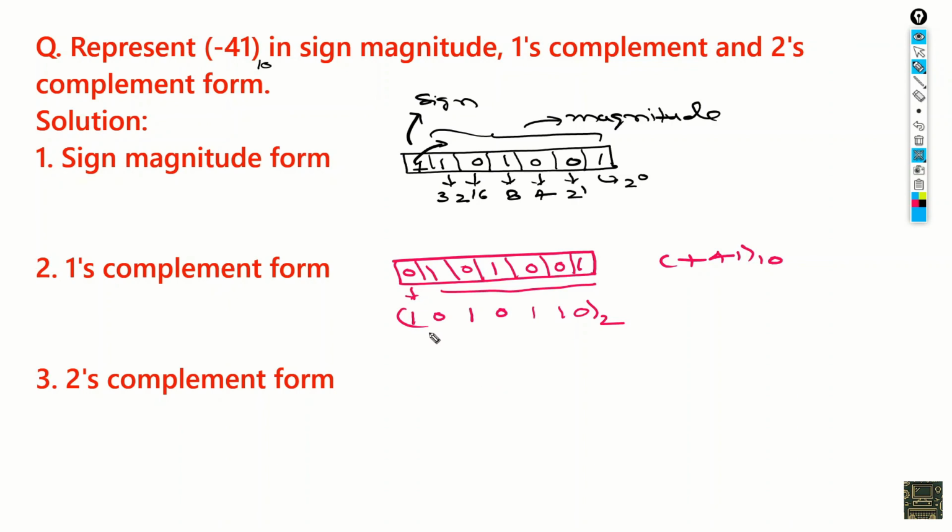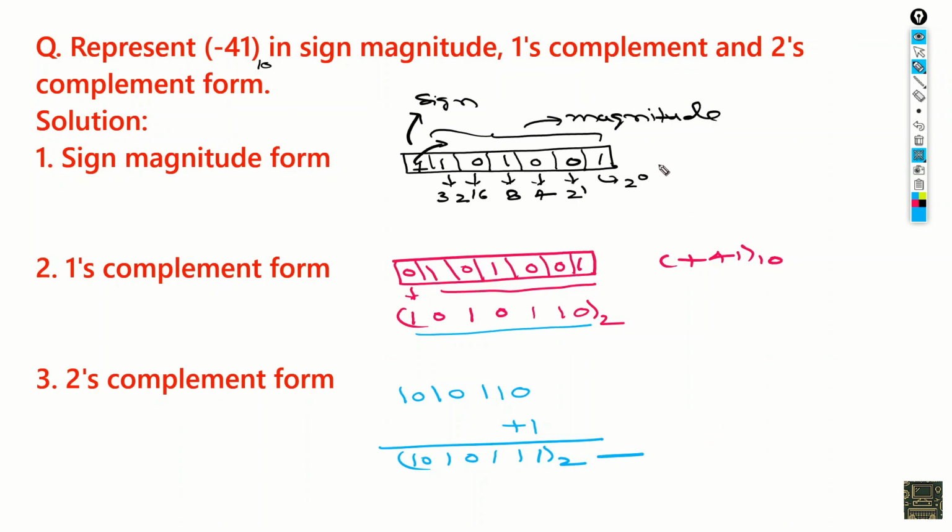Since we have already represented it in ones complement form, I will take this and add a value 1. So I will get 1110101. This is the representation of minus 41 in 2's complement form.